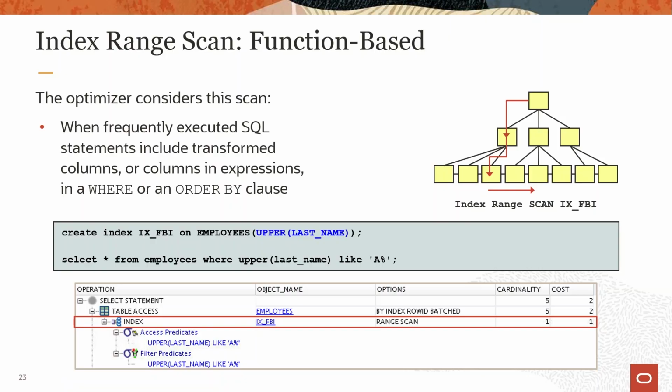So defining a function-based index on the transformed column or expression allows that data to be returned using that index, when that function or expression is of course used in the where clause or order by clause. But if the column that is being indexed is used inside a function, the index will never be used unless it's a function-based index.